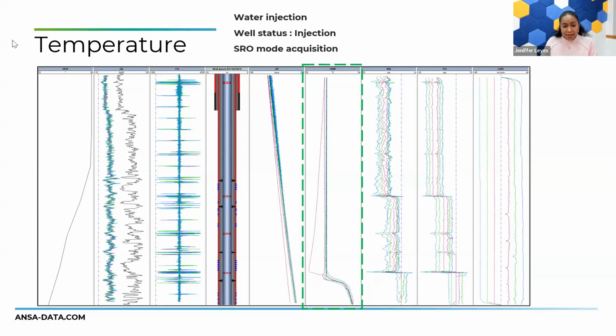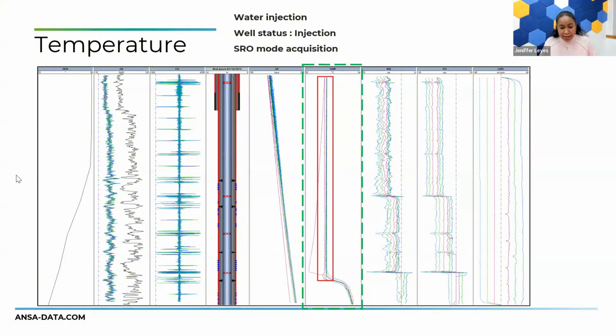With that in mind, we are seeing the temperature profile of this well being dominated by the cooler temperature of the fluid being injected. Most of the passes are overlaying and telling us this: that the temperature of the system is being dominated by the temperature of the fluid being injected.